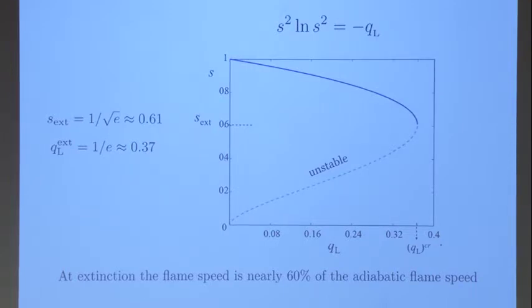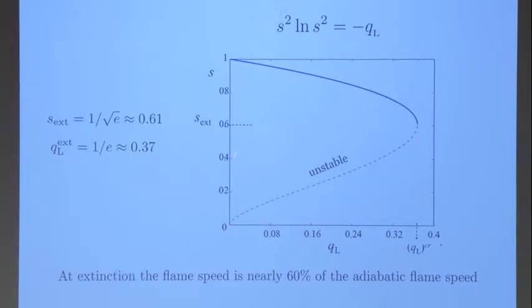It's also not physically logical to expect that you increase the loss and your speed will be larger, so even on that basis it's excluded if you want. But mathematically one can prove that it's unstable and it's irrelevant.